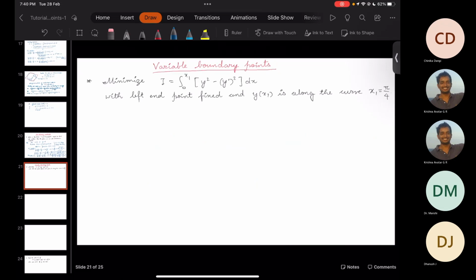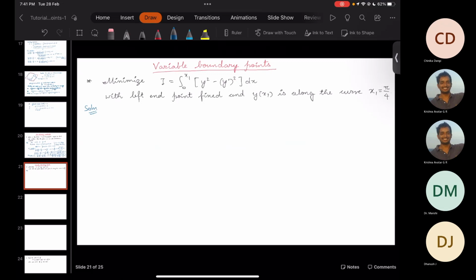So now let me start to discuss variational problems with variable boundary points. Okay, so the first problem here says: minimize the functional I with left endpoint fixed and y at y of x1 is along the curve x1 equal to pi by 4.